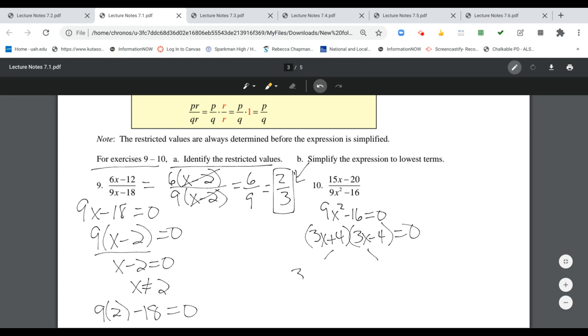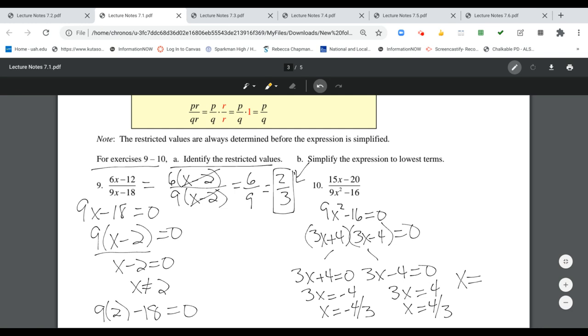I'm going to set each factor in that denominator equal to 0 to identify the restrictions for this particular fraction. So I get 3x equals -4 and x equals -4/3. I get 3x equals +4 and x equals +4/3. So my restricted values, x cannot be -4/3 or +4/3.